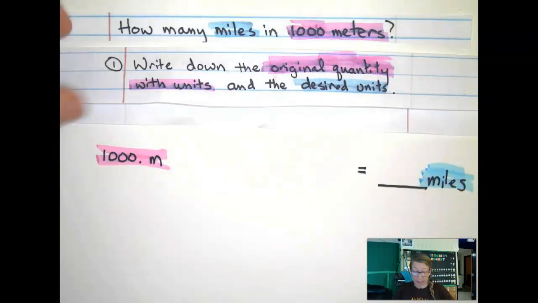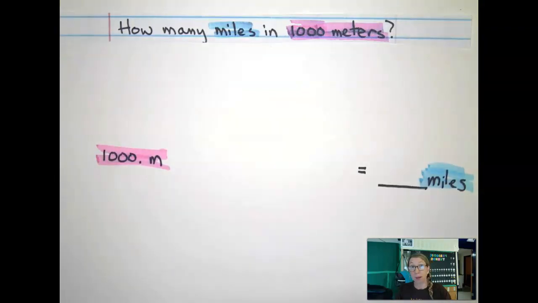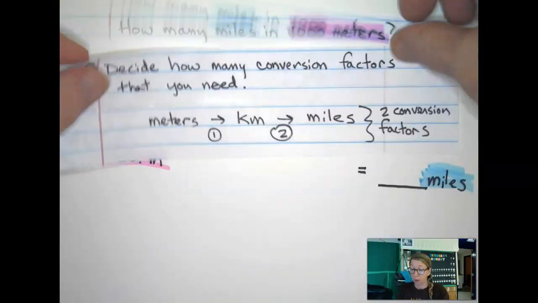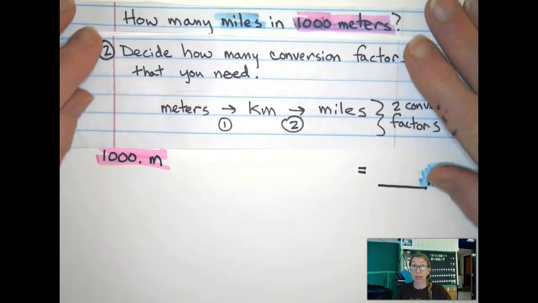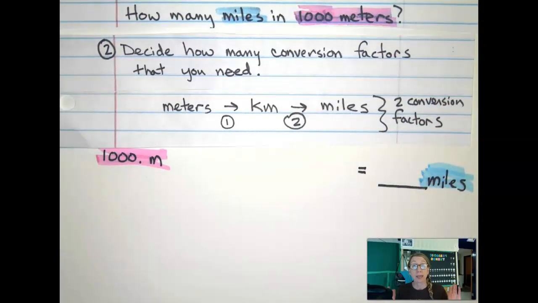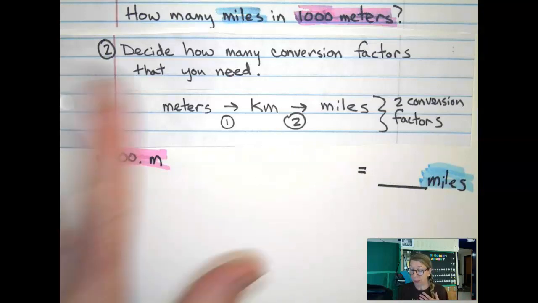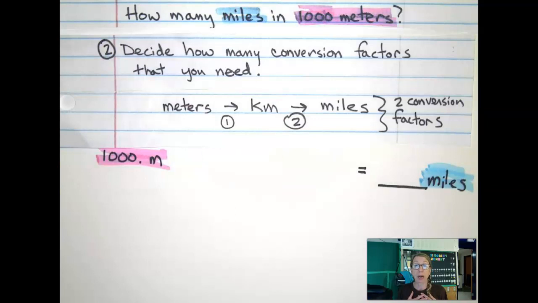So the second step, you are going to decide how many conversion factors you need. Now this depends on you. I happen to know how to go from meters to kilometers, and I know how many kilometers are in a mile. So for my problem, I need 2 conversion factors.